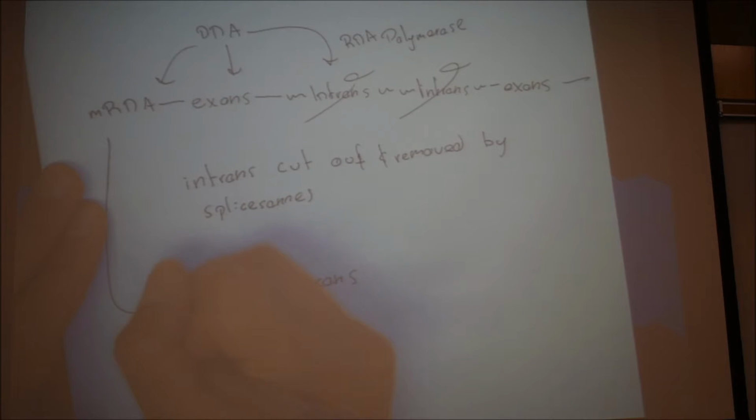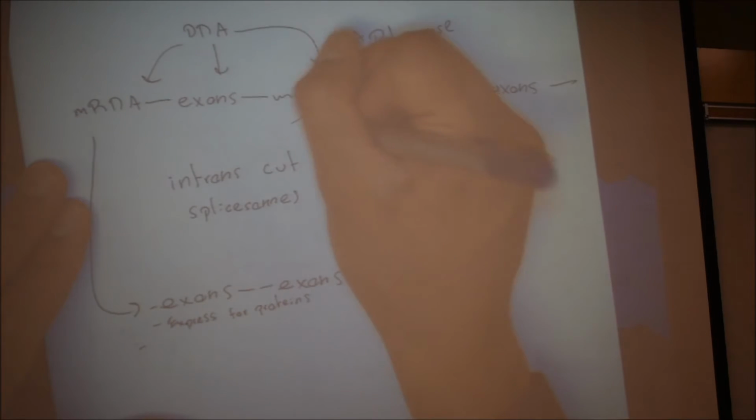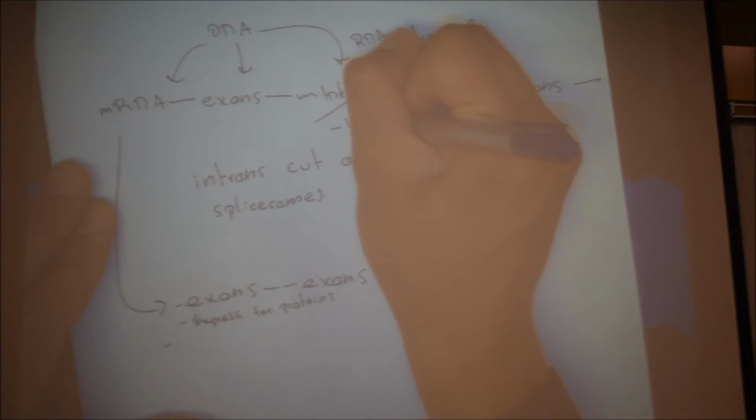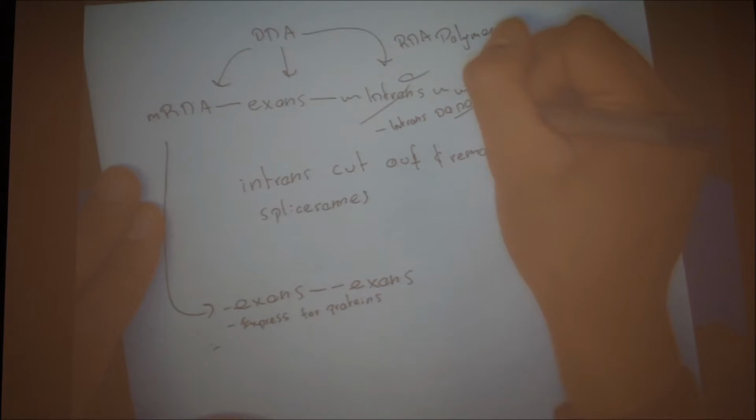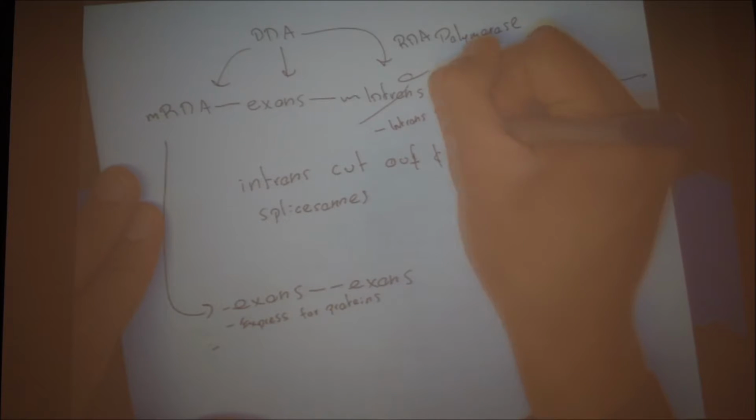So exons express for proteins. Introns do not express for proteins. In fact, they're cut out, right?